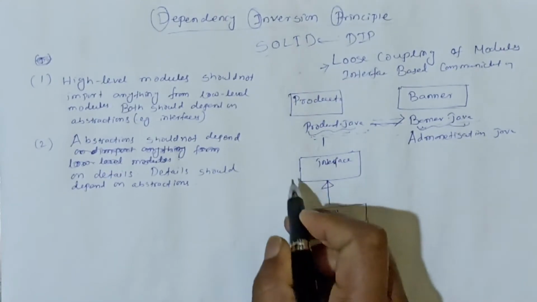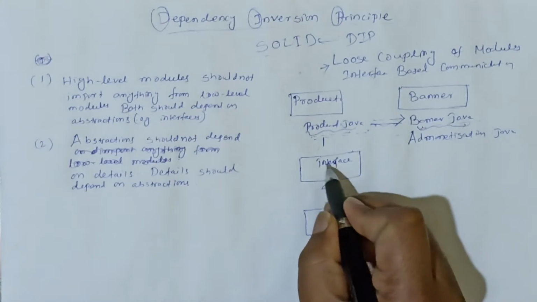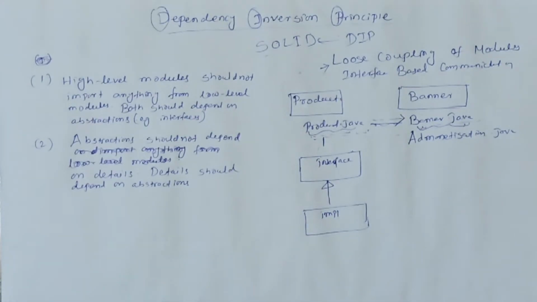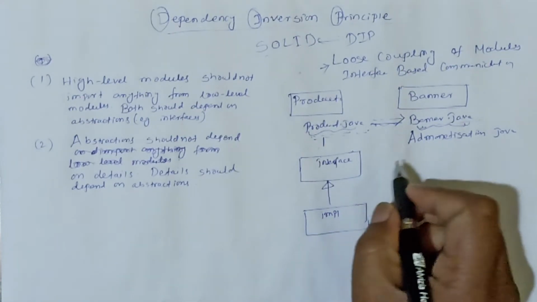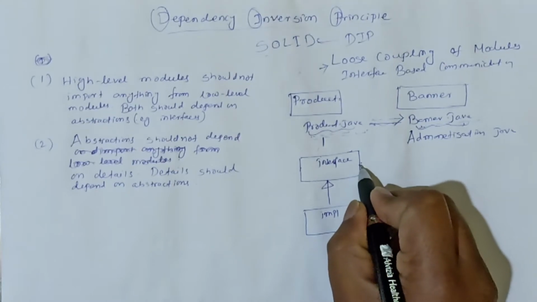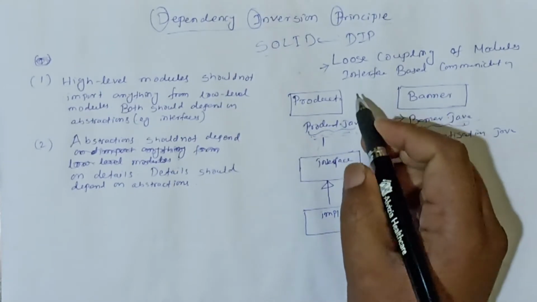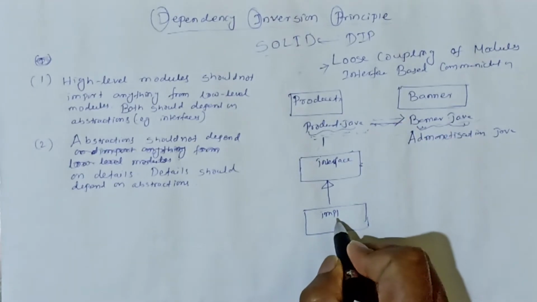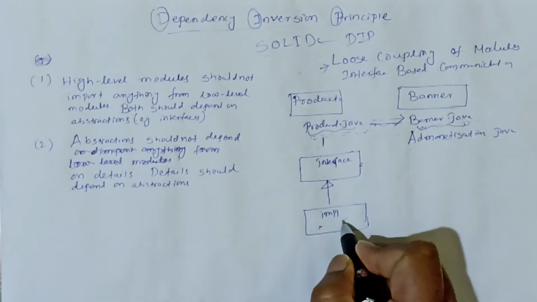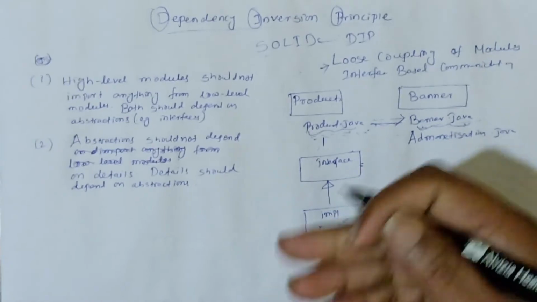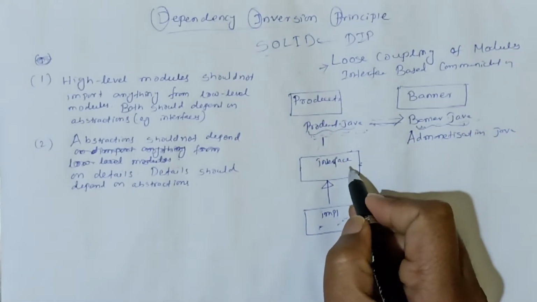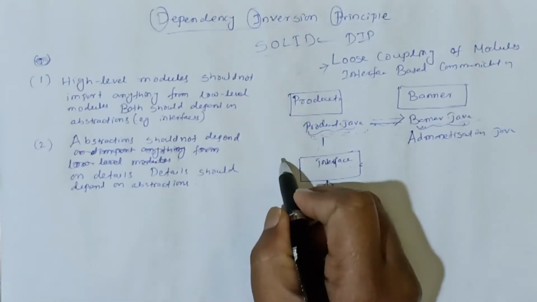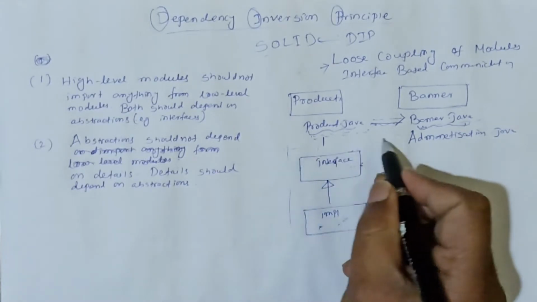So this product module has one interface, and this is the higher level module, not Product.java. Product.java will be the implementation, or a lower level class. So we have created one interface layer, that is, the higher level of the product module.